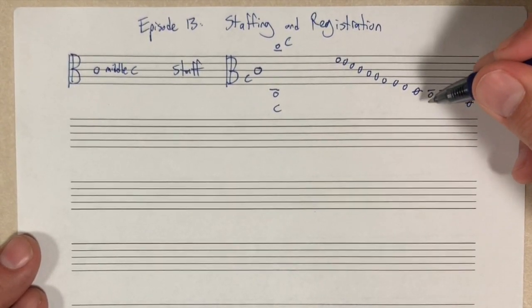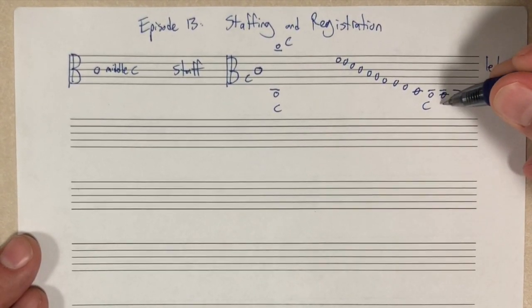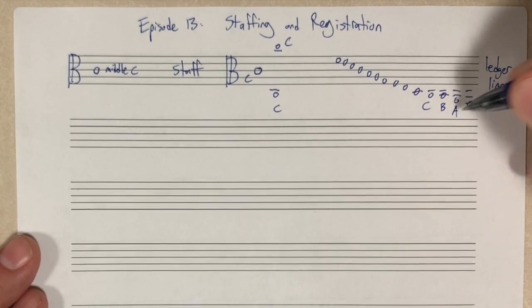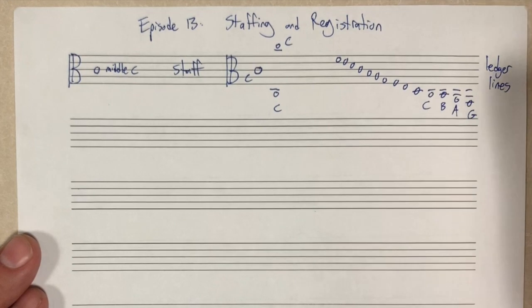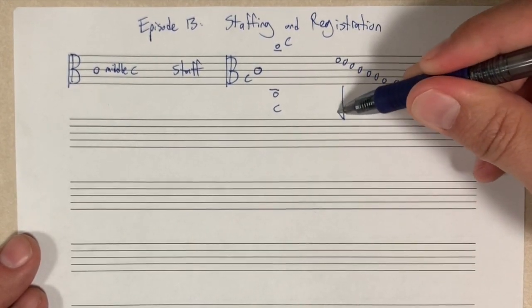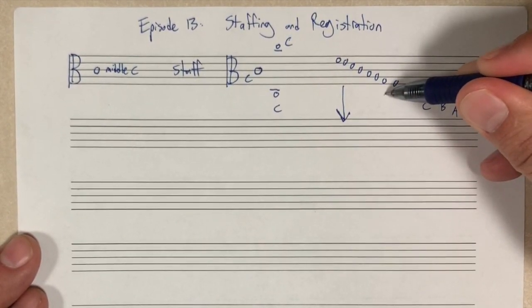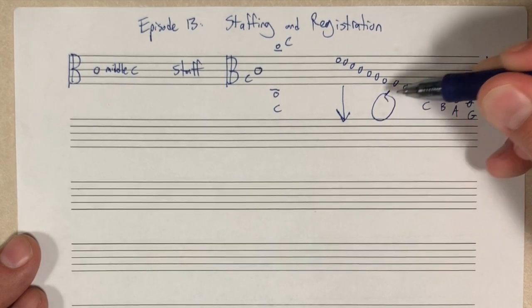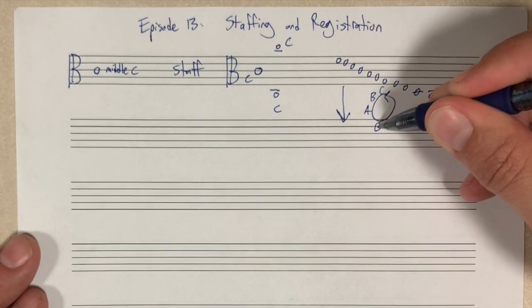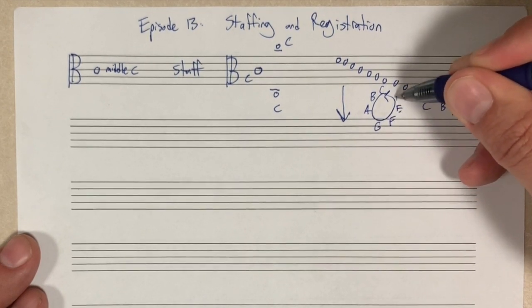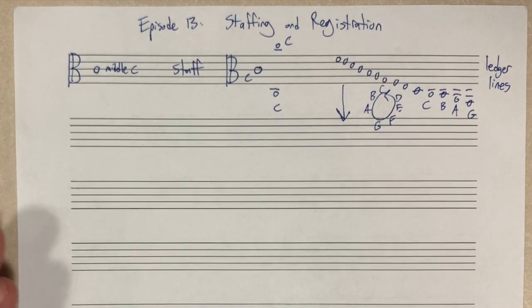So if this note was C, then this note is B, and this is A, and this is G again. Because remember, as we're going down in pitch, we're going around the pitch class circle backwards. So C, B, A, G, F, E, D. Remember that?